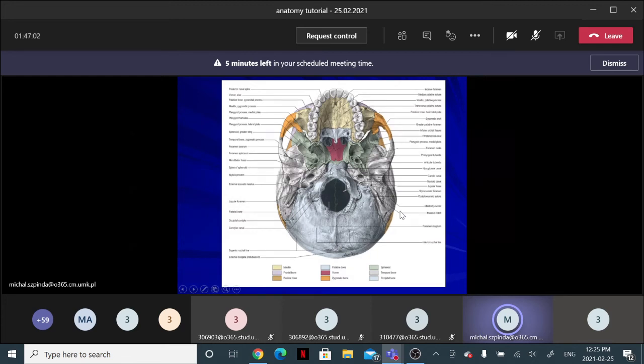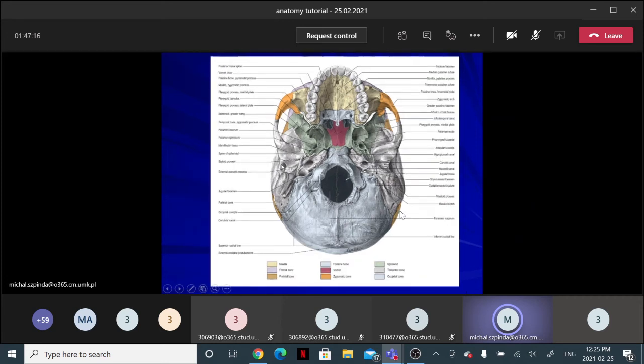Petrous means rocky, a pyramid, because the petrous part of the temporal bone, we can say petrous temporal bone, is a pyramid that has fallen down and rests on its inferior surface.